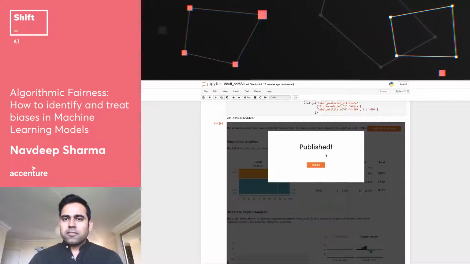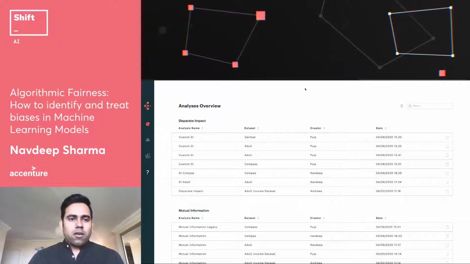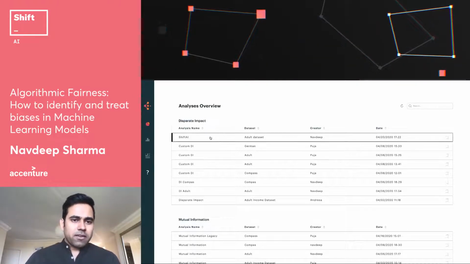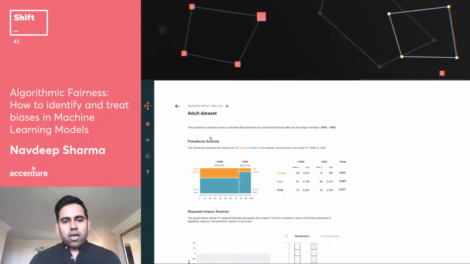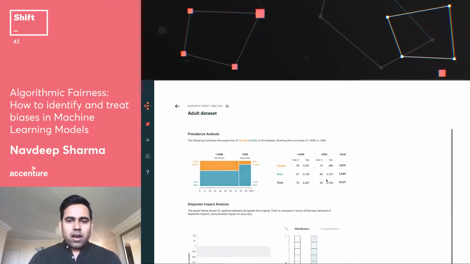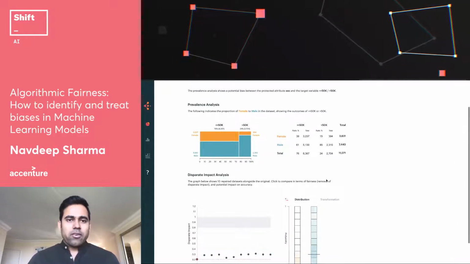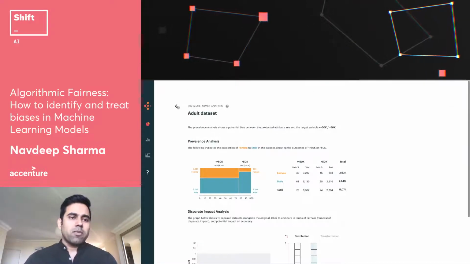This successfully gets published, and then you come out to this portal where you should most probably be able to see the Shift AI reports, which were just published, and the business user can log in and look into the reports and look into different aspects of your data and treat fairness and take more informed decisions for that matter.